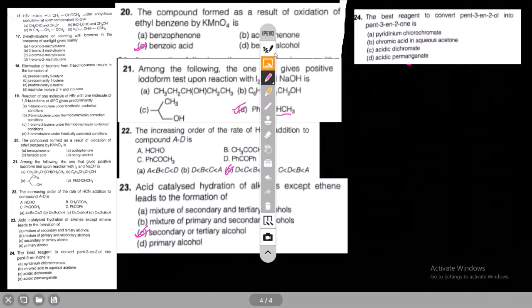It affects, right? Chromic acid does not affect the double bond. Pyridinium chlorochromate won't affect. What about chromic acid? Check this. Yes, pyridinium won't affect. 24.